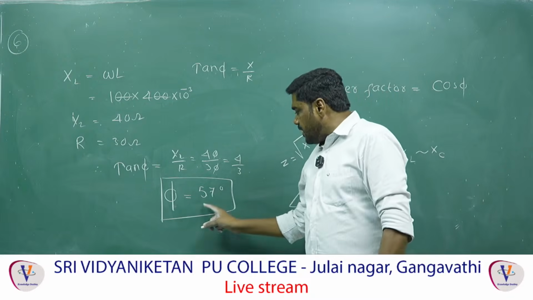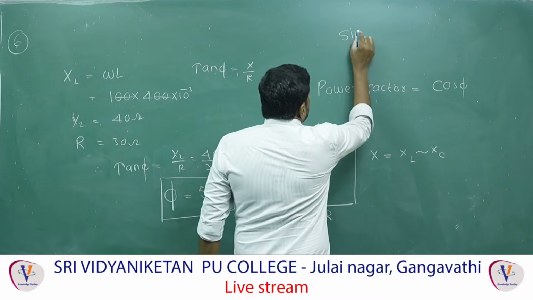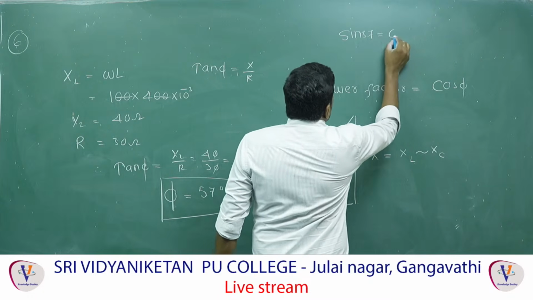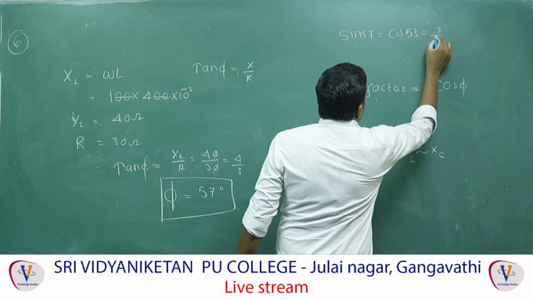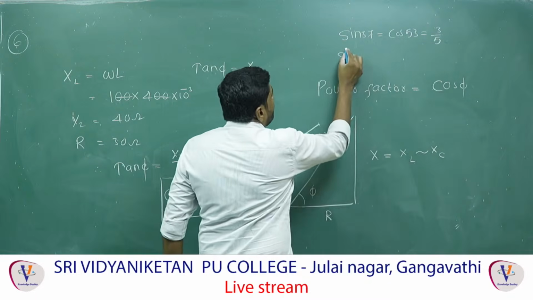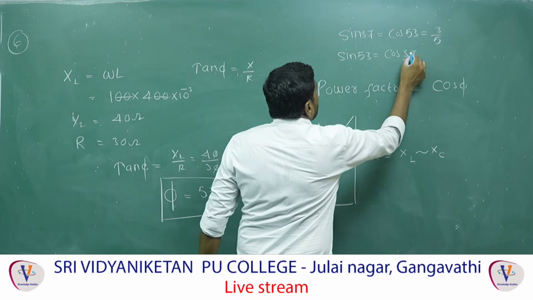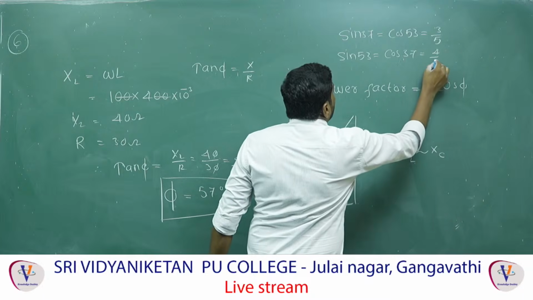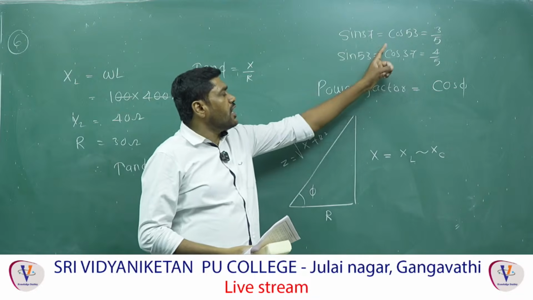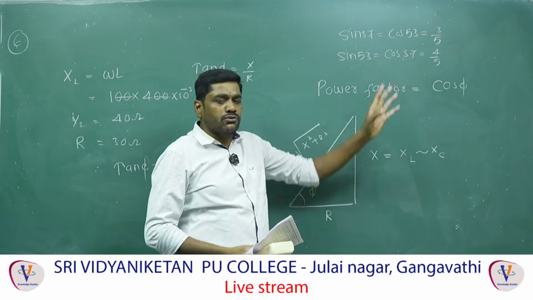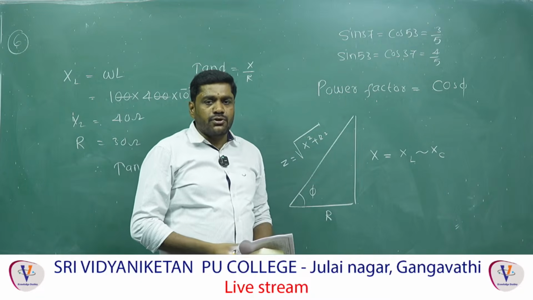Remember that sin 37 is equal to cos 53, both having the same value, that is 3 by 5. And sin 53 is equal to cos 37, that is equal to 4 by 5.